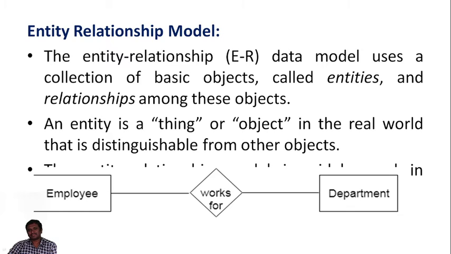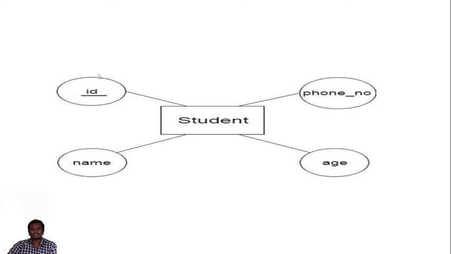The diamond represents the relationship between the entities, and the oval, a rounded symbol, is used to represent the relevant attributes of a particular entity. For example, take the entity named student. It has different attributes: student ID, student phone number, student age, and name.